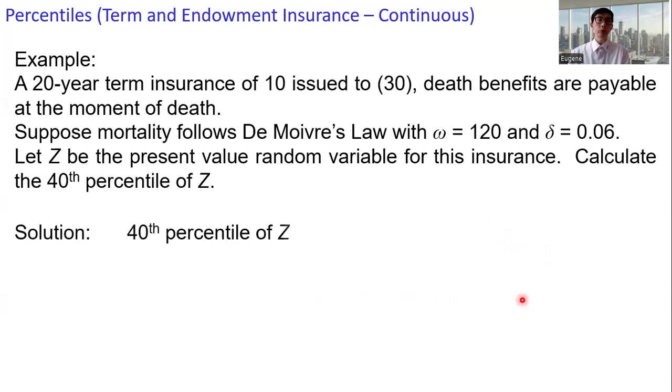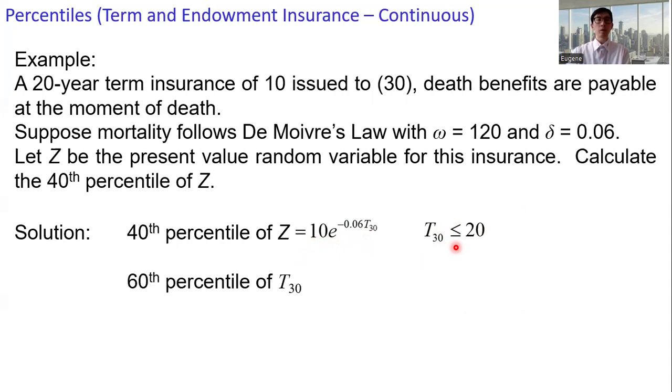Another approach, we start with the expression that Z equals 10 times e to the power minus 0.06 T30. And keep in mind that T30 is less than or equal to 20, or else the value of Z will be 0. To get the 40th percentile of Z, this is the same as getting the 60th percentile of T30.